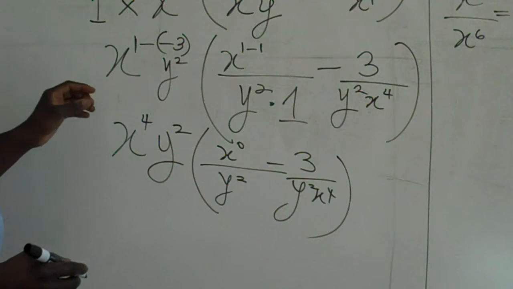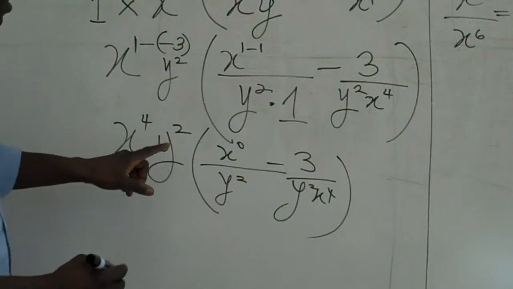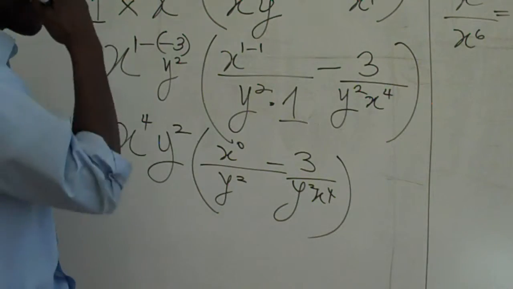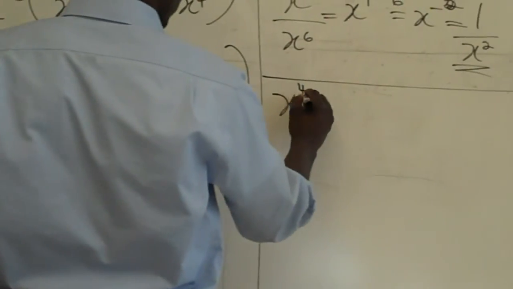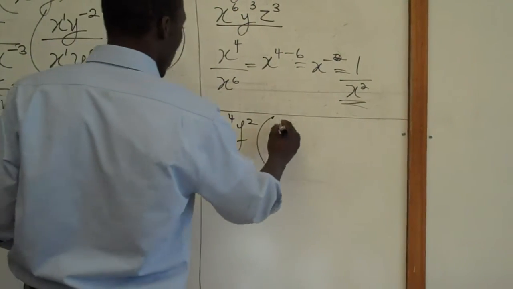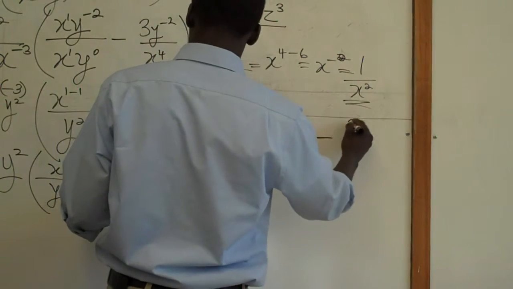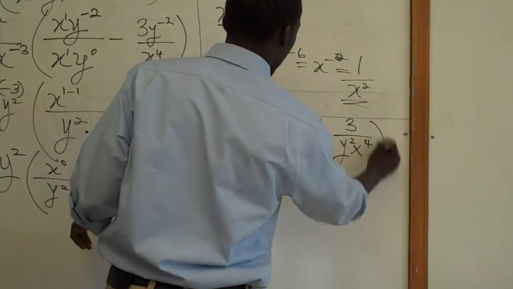And what happens is, this x to the 4th, y to the 2nd, stays there for a second, while this is a 1. So it becomes essentially 1 over y squared minus 3 over y squared x to the 4th.